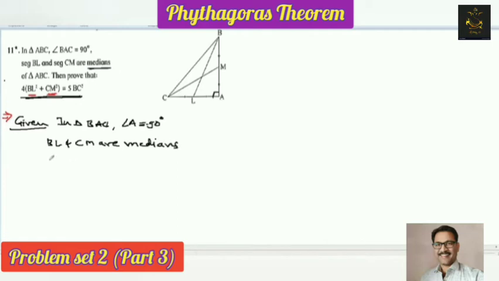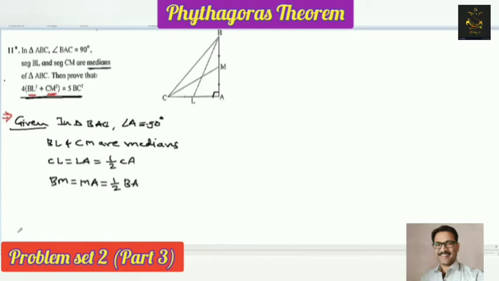Means what? Here first, BL is median means CL and LA, both these are same. They are half of CA. Similarly, in this part, BM and MA, both these are same. They are half of BA.